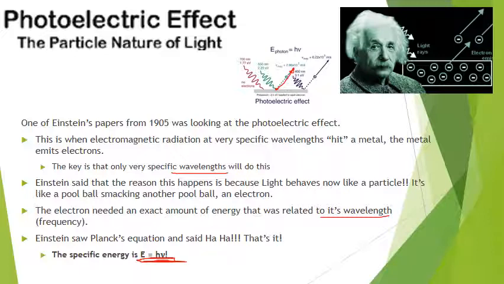So we knew that electrons could be moved by light, by photons. If you have an electron, the thing that can knock an electron out will be a particle of light, and that's what Einstein came up with here.